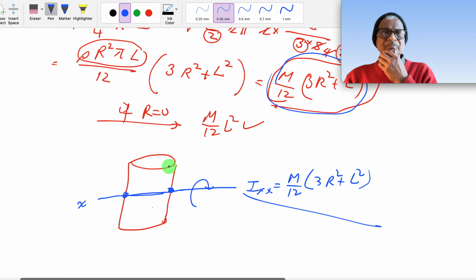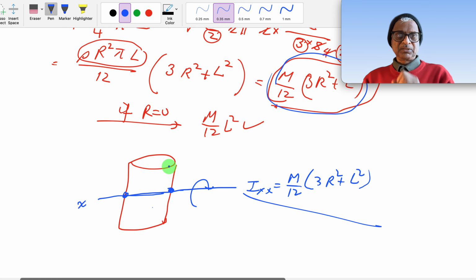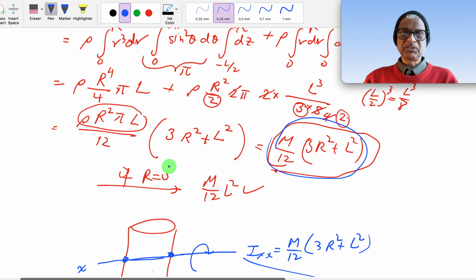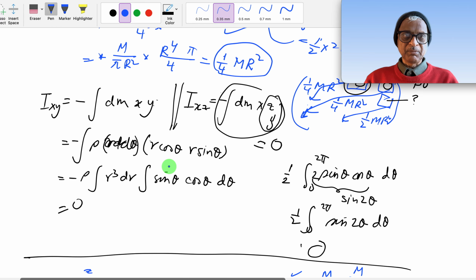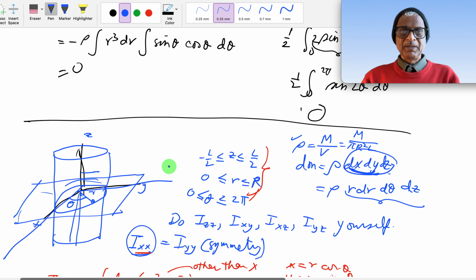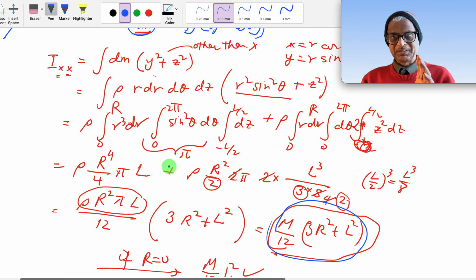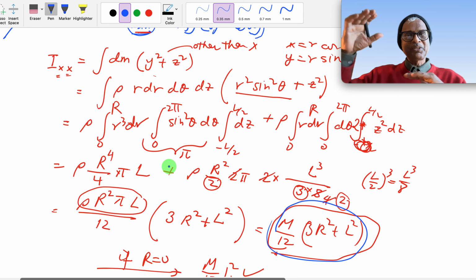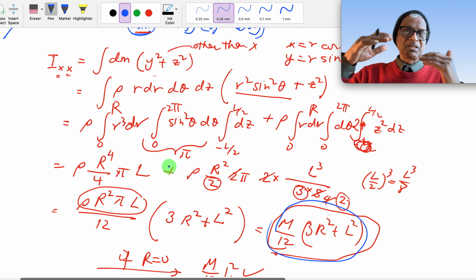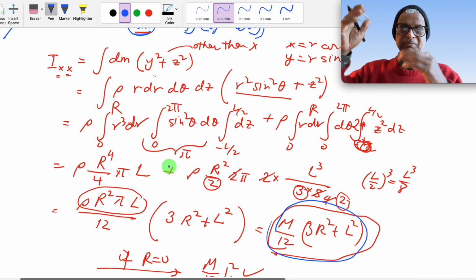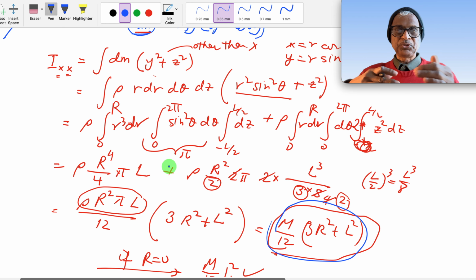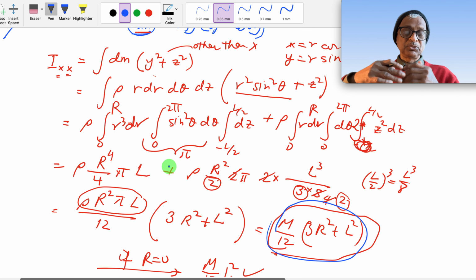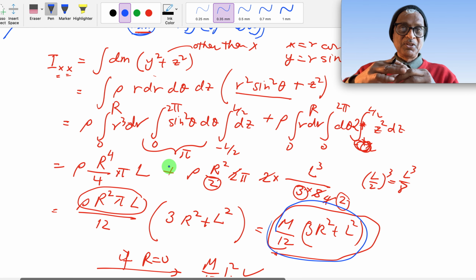Okay. I think these give you a picture of how we can compute pretty much anything. And in all of these situations, the axes we have chosen are all principal axes. So all the off-diagonal elements you can compute, but they're all 0. Some of them I showed you explicitly that they're 0.